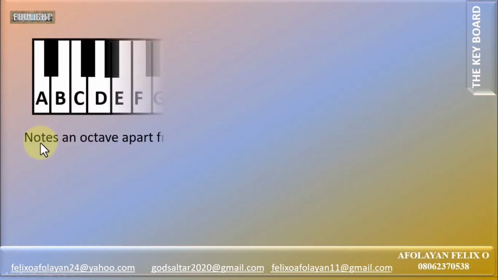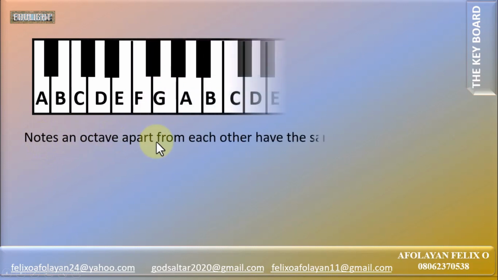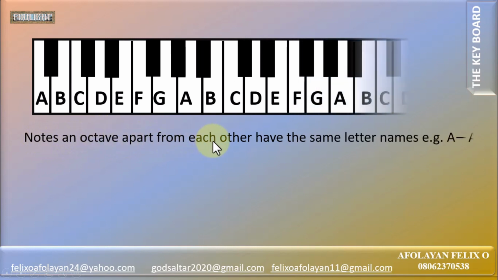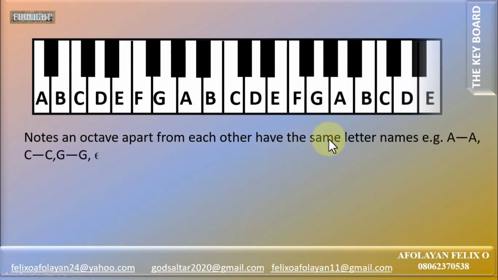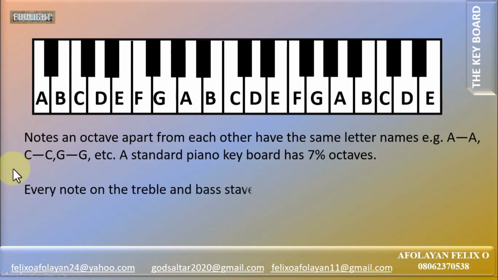Notes an octave apart from each other have the same letter name, as we have discussed earlier. A to A is one octave. C to C, between this is an octave.